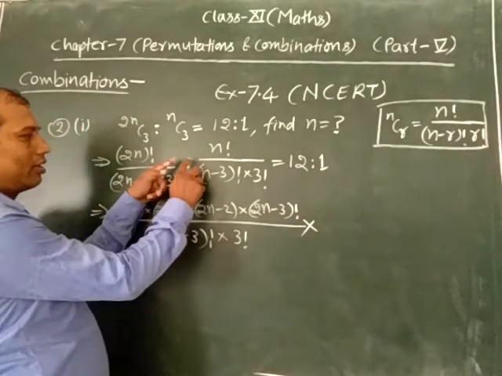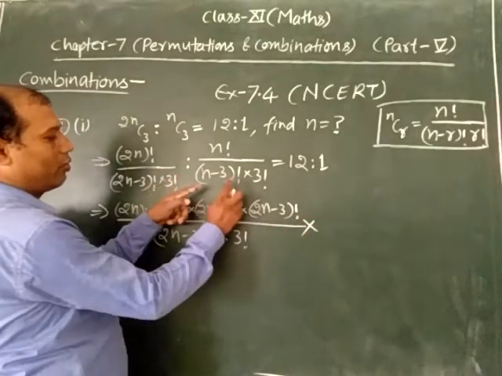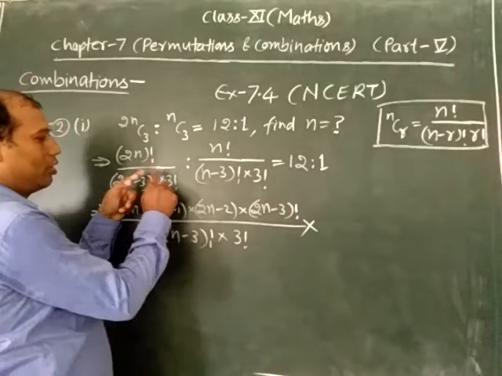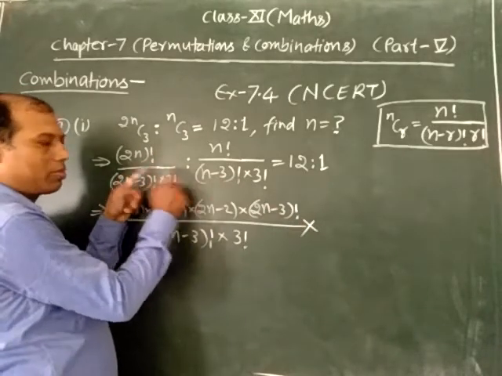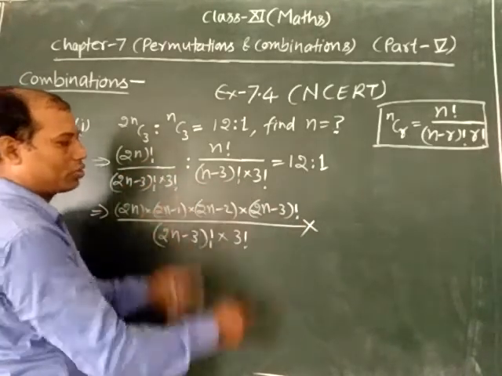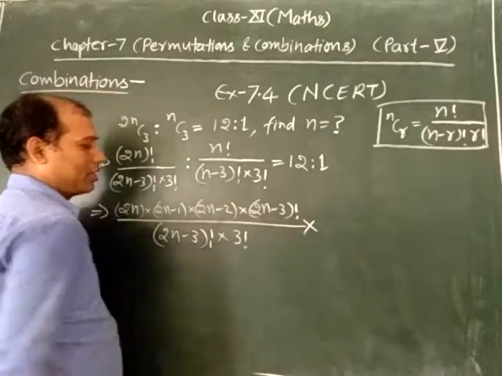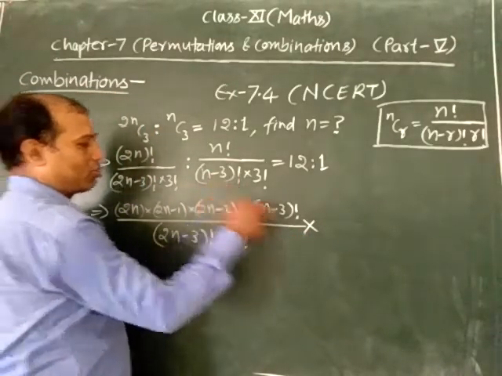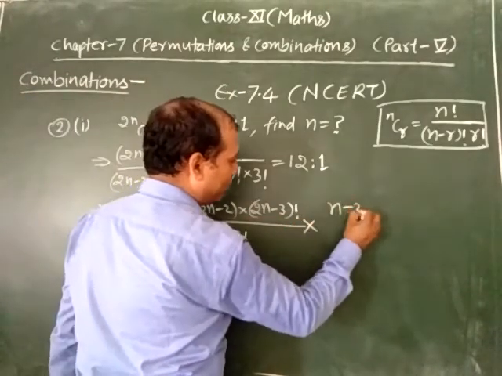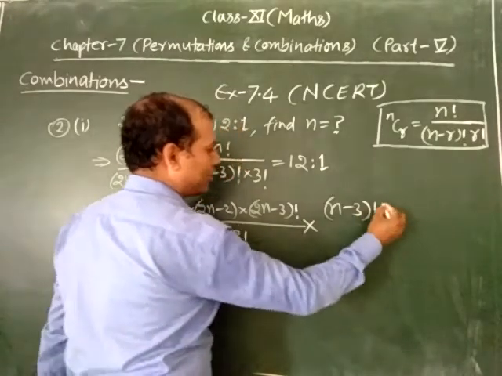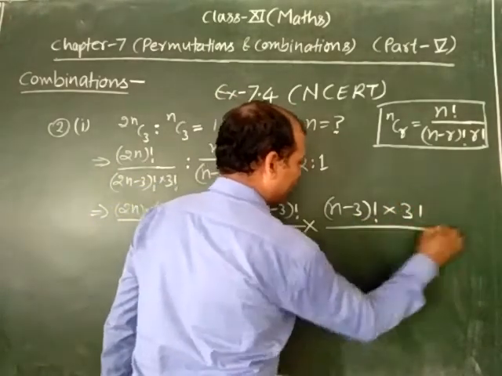Now we are multiplying with the reciprocal of this, because this is the ratio, means this term divided by this term. So in place of division we write multiplication. Then we write the reciprocal of this term, which is factorial n minus 3 into factorial 3.